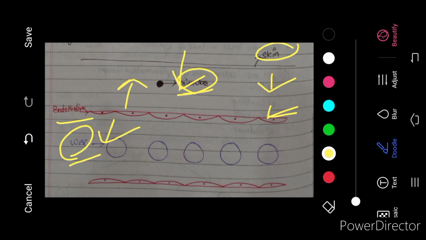Number one is that the microbe should be taken inside the blood vessels, which is a bad option because it will cause sepsis of all the organs. Number two is that we can take the WBC out of the blood vessel, so it can fight with the microbe and infection or inflammation can take place.